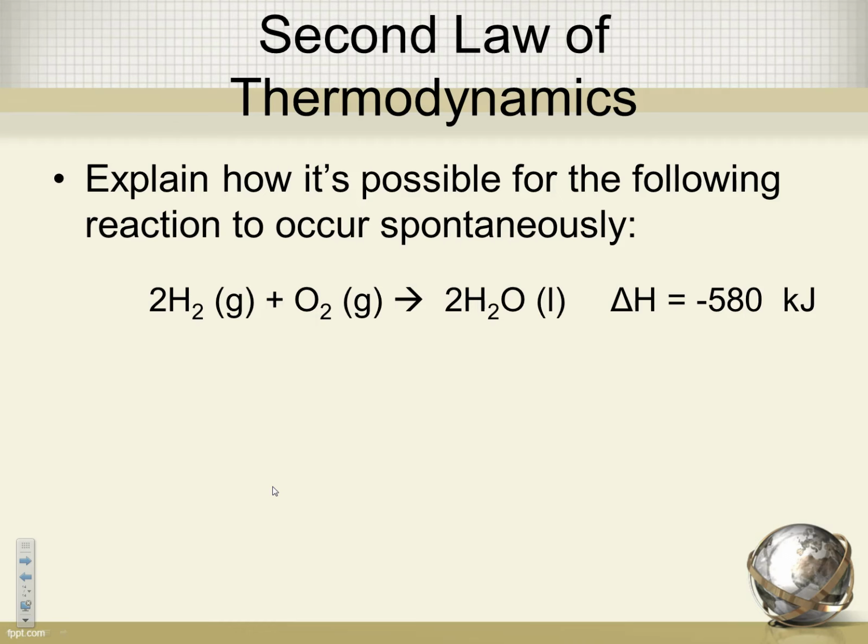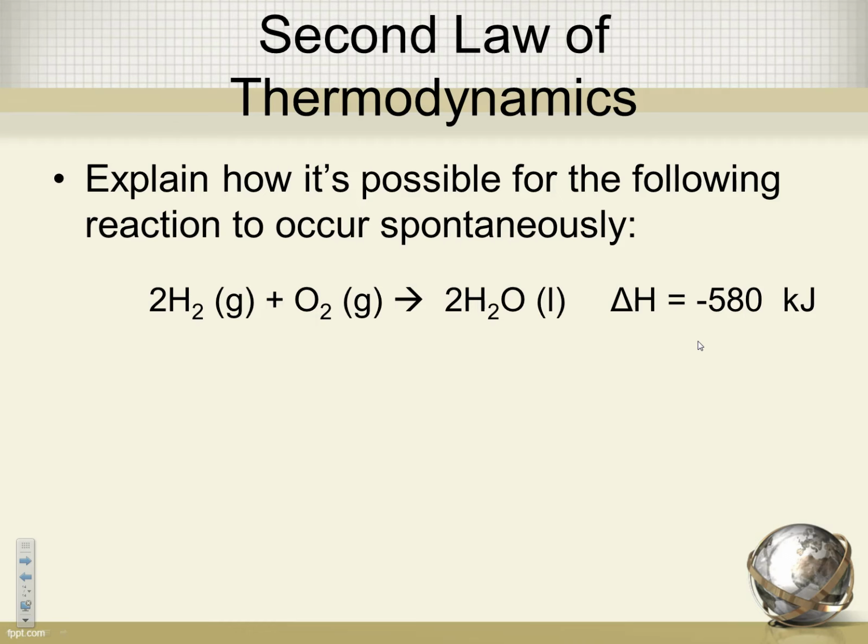The key to that is looking over at the delta H. Delta H here is negative, which means that it's an exothermic reaction. Exothermic means that it's releasing heat to the environment. So exothermic reactions actually increase the entropy of the universe by releasing heat or dissipating heat outward to the environment.